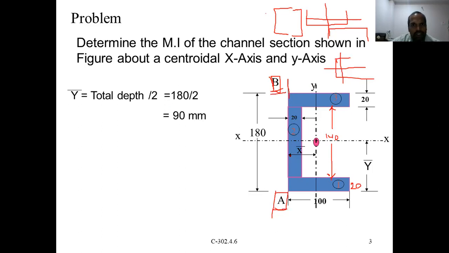Otherwise, if someone asks why we can't take it like this, what happens is it becomes the negative side of the x-axis. Again you need to take minus x1, minus x2, minus x3, which is unnecessary confusion. That's why it is better not to take it like that.